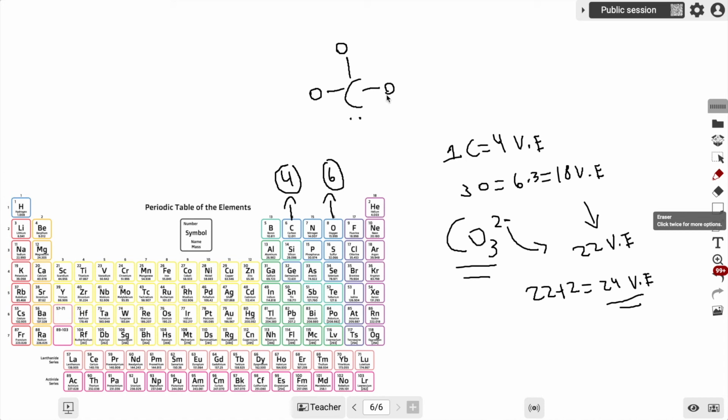That's only 2 valence electrons. So it needs 6 more electrons. So 2, 4, 6, 8. Oxygen is fine here. Same thing with this one: we need 2, 4, 6. This oxygen is good.